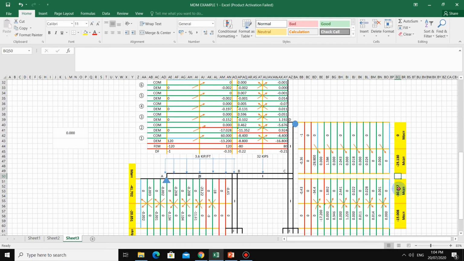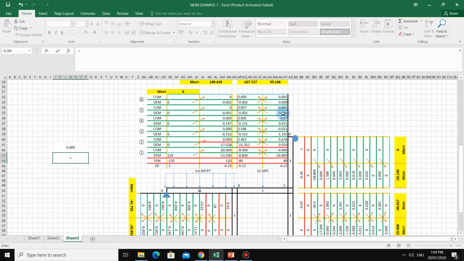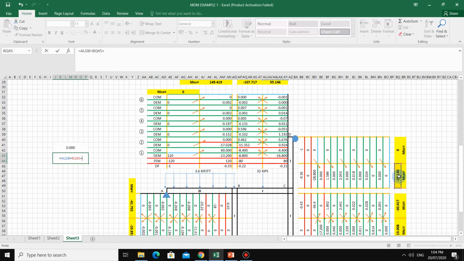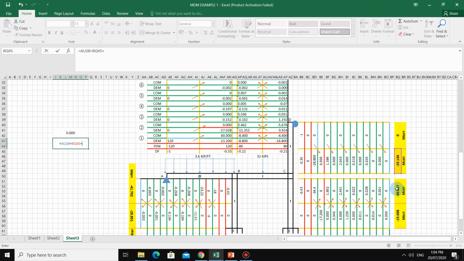Then for CE, kani, na from 0 to the last point or last cycle. So negative 30.017. So ato ang try add guys. So add na to si MCB plus MCD then plus MCE.